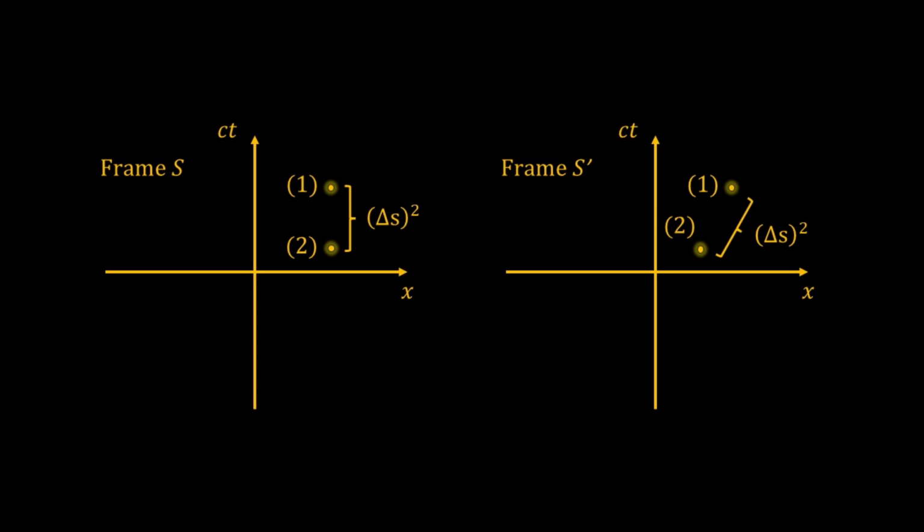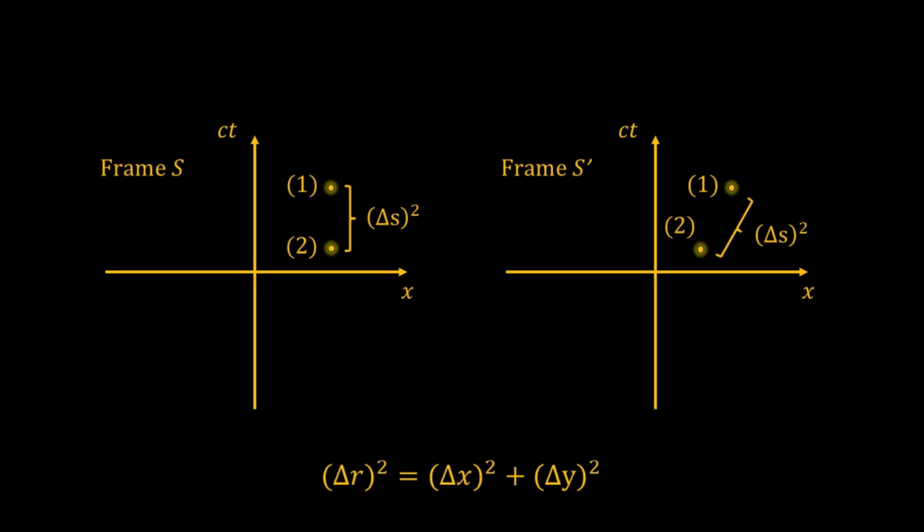Now if you look at these diagrams, you might say, hang on, for S prime, that space-time interval looks bigger. And haven't we just said that everyone agrees on the space-time interval? If the horizontal and vertical separations between these two events in this diagram were spatial differences, then the total difference would be given by Pythagoras' theorem. We'd square both those distances, sum them, and then take the square root.